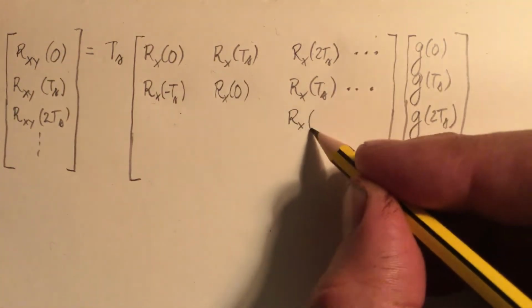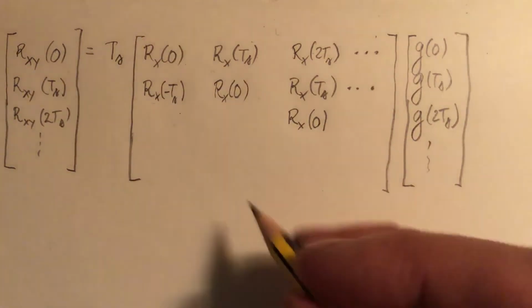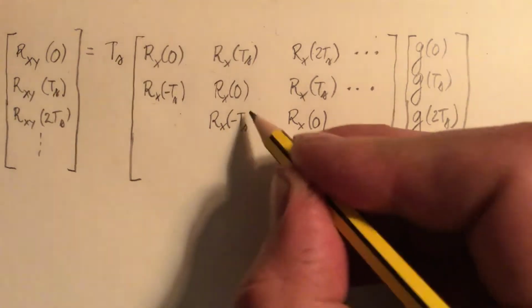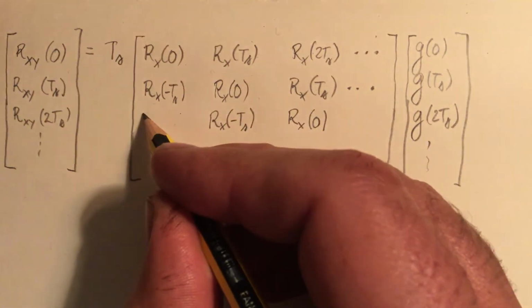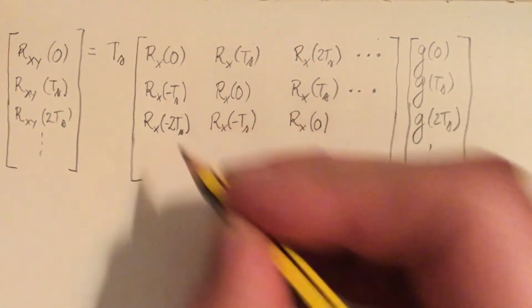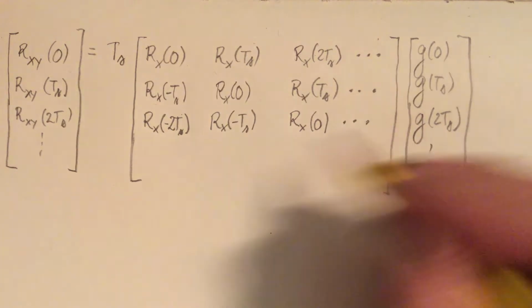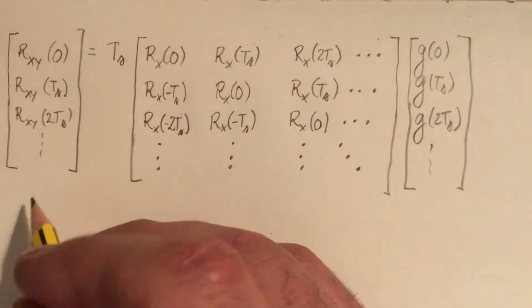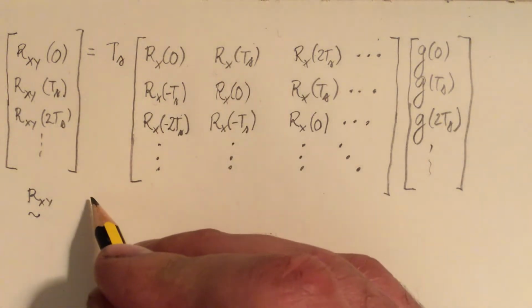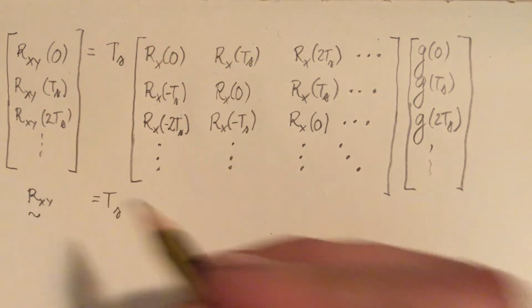So this matrix here, which as you may see is the matrix of the autocorrelation values, will be symmetric. Let this vector be Rxy. Here we have a scalar.